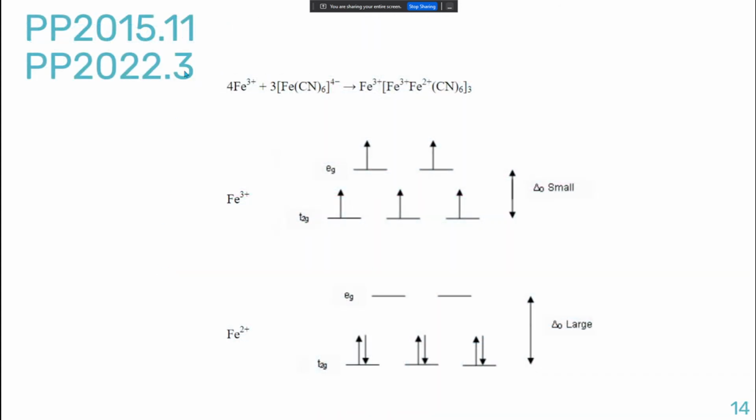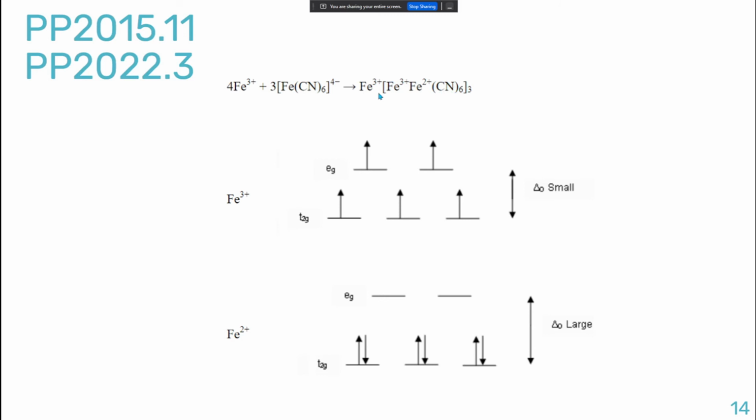Now there was one question in 2015 about ferrates like this, and this is about Prussian blue. You don't need to draw the structure, but you can just write the equation here, and it contains how many atoms? I think it should be... Oh, is it correct? No, I think this is not correct.